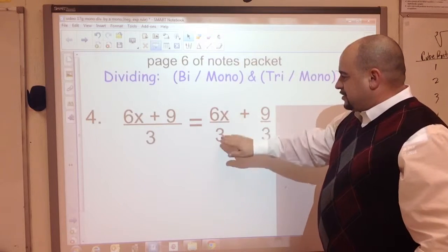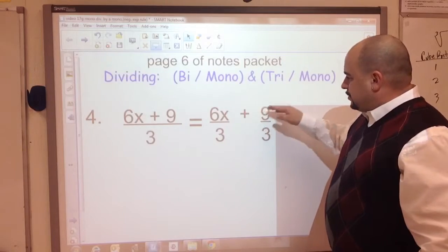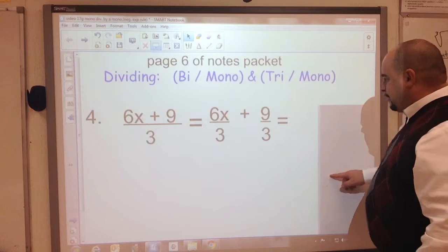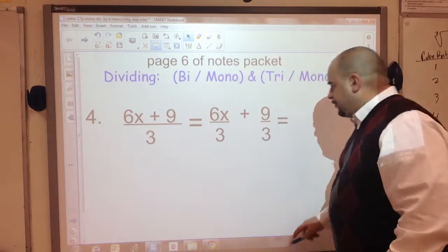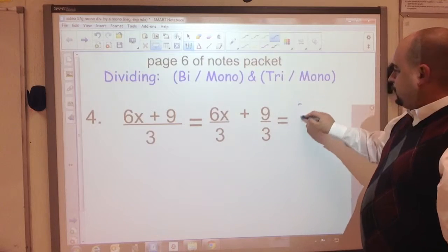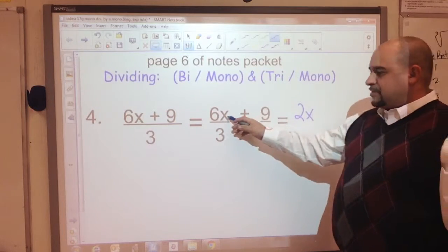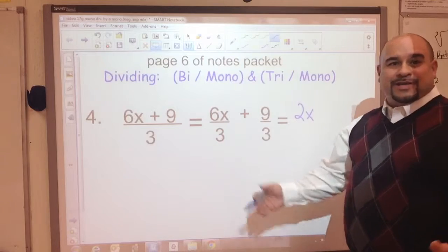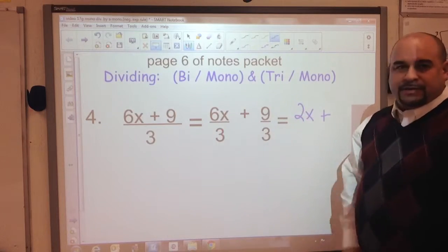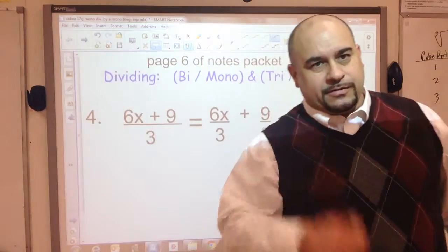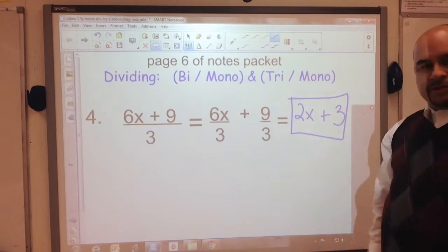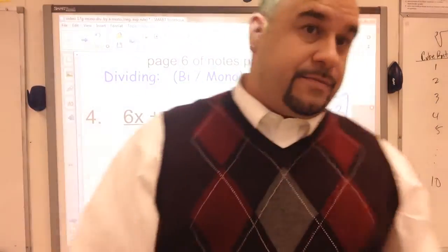So I have 6x divided by 3 plus 9 divided by 3. 6 divided by 3 is 2, and so I have 2x, because I don't have an x down here to deal with it, so I just leave it alone. Plus, what is 9 divided by 3? That is 3. Very good. So your final answer here is just 2x plus 3.